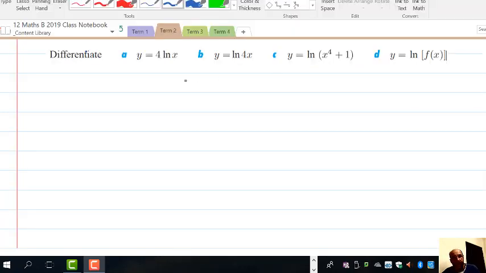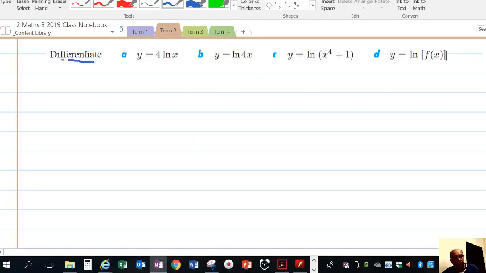Without breaking too much of a sweat and using our existing knowledge of the derivatives, we can differentiate all of these here. Remember, we might have to call on the chain rule, product rule, quotient rule, but also something as simple as this, that if we have a constant times a function, the derivative is the derivative of the function times the constant.